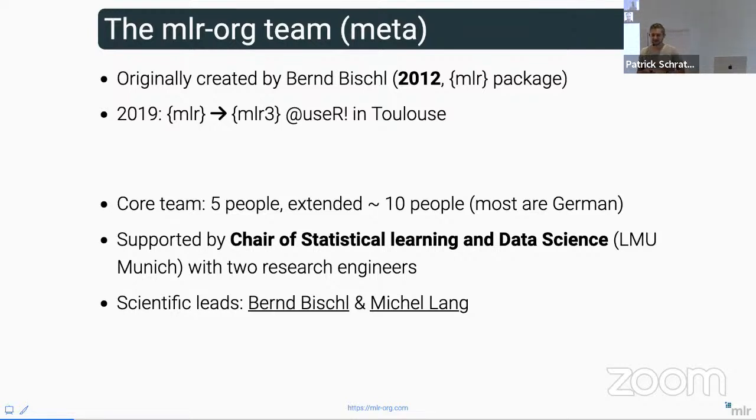Things they came across, like maybe this was not so good, maybe we can do this better, now this bites us, maybe we should do this differently in the new version. All of these ideas were put into the new mlr3.